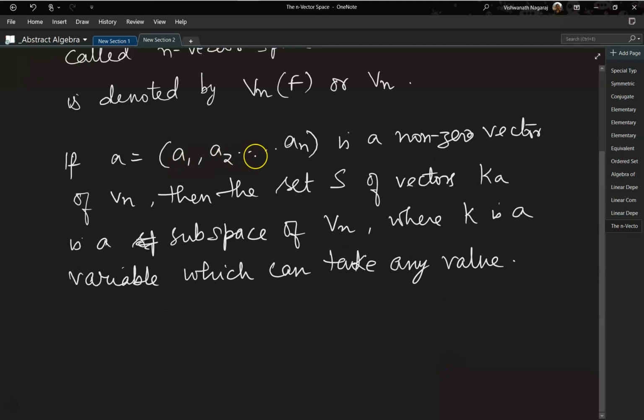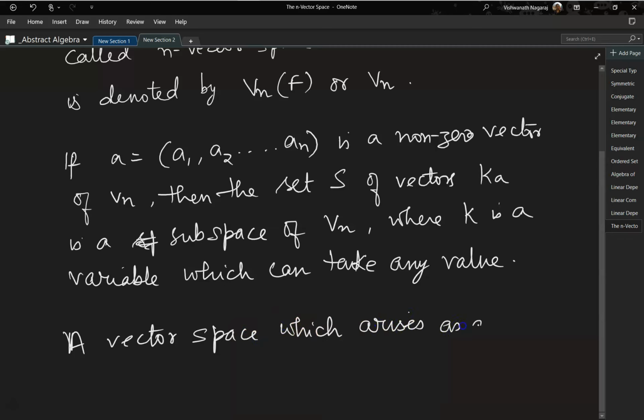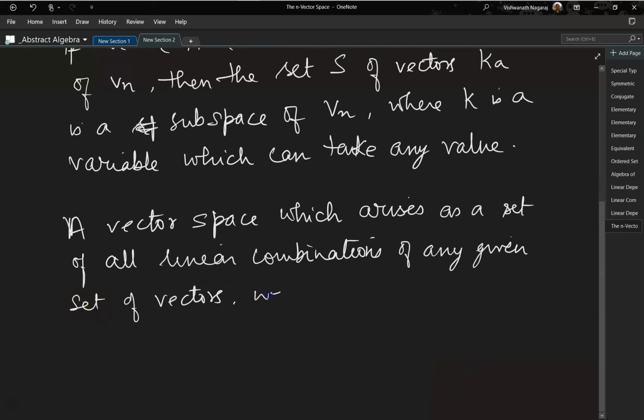So here you have a vector A which is a non-zero vector, and when we multiply it with a variable scalar and we map it to a coordinate system, then what is covered is called the subspace of Vn. Okay, a vector space which arises as a set of all linear combinations of any given set of vectors, we can say spans the given set of vectors.